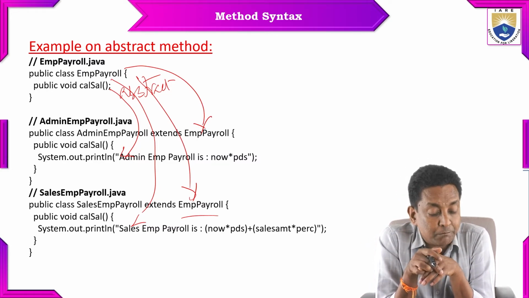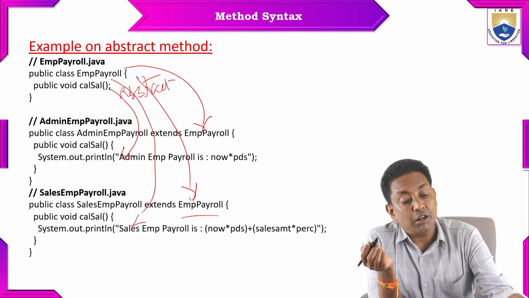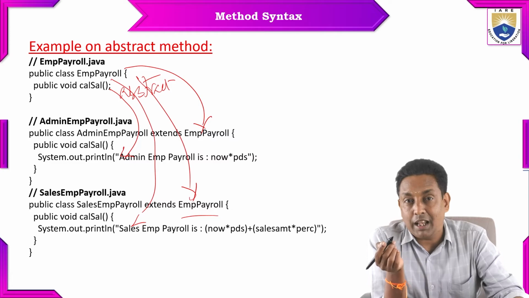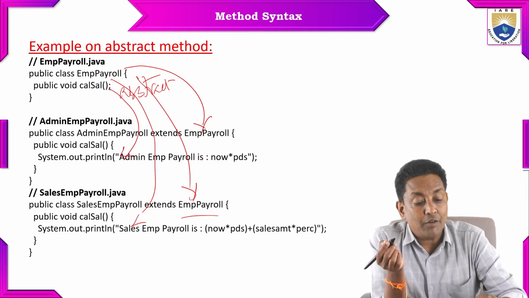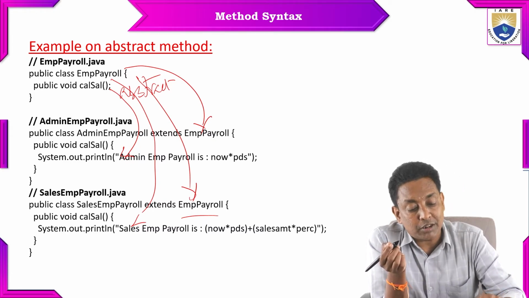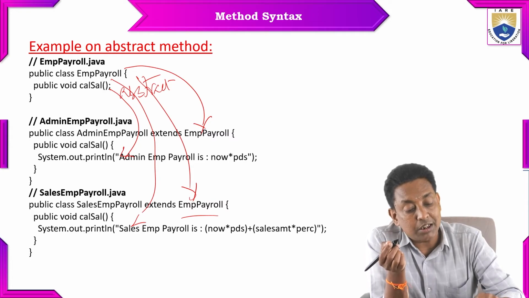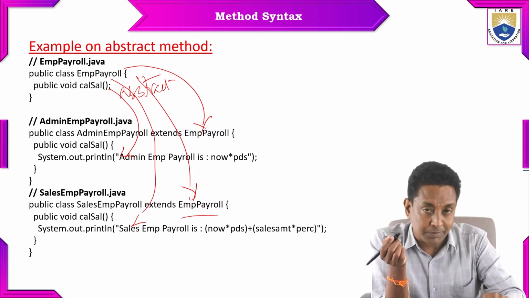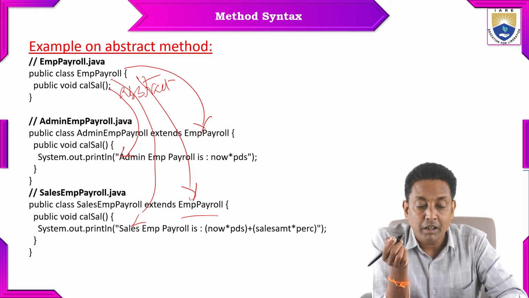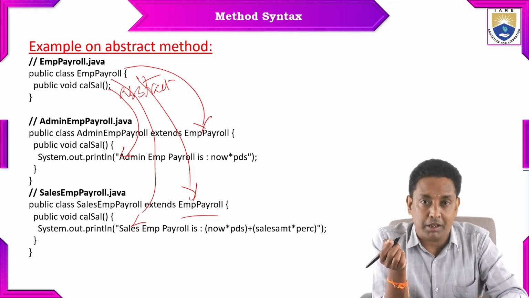Because there are two reasons. If the superclass does not force the subclass to implement the calculateSalary method, however its signature, its return type, its access specifier wants to be, we may not guarantee uniformity.